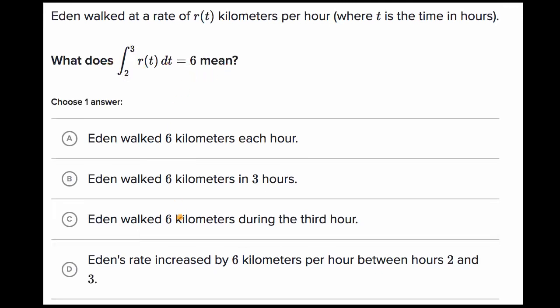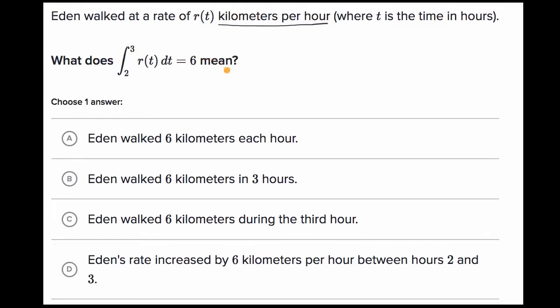So before I even look at these choices, this is going from t equals 2 hours to t equals 3 hours, and it's essentially the area under the rate curve. And here the rate is a speed. Eden is walking at a certain number of kilometers per hour. So what this means is that from time 2 hours to time 3 hours, Eden walked an extra 6 kilometers.